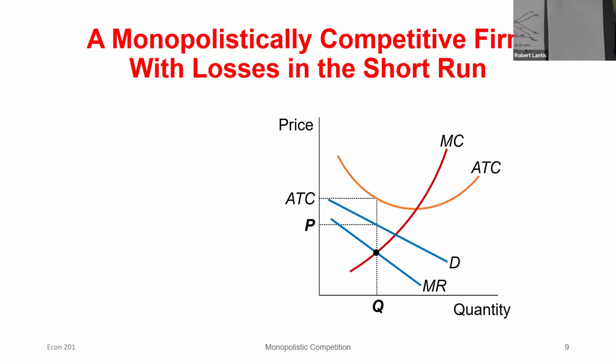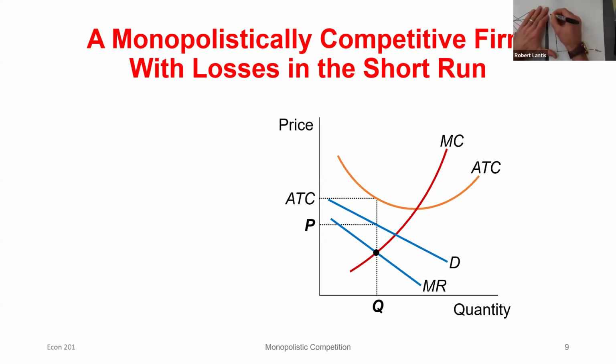I then set the price by going up to the demand curve. In this depiction, what would be true about profits? Price is below average total cost, so profits are negative. What are firms going to want to do? Exit the market, right?